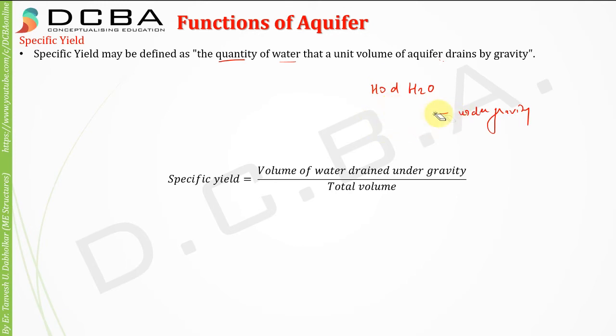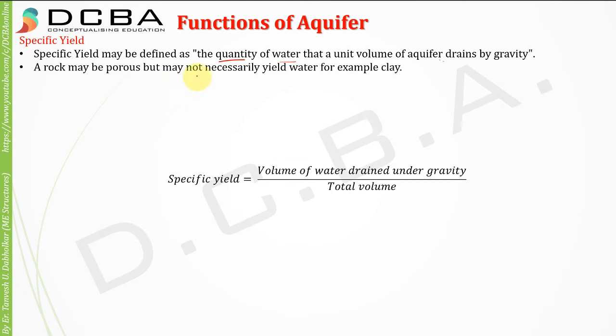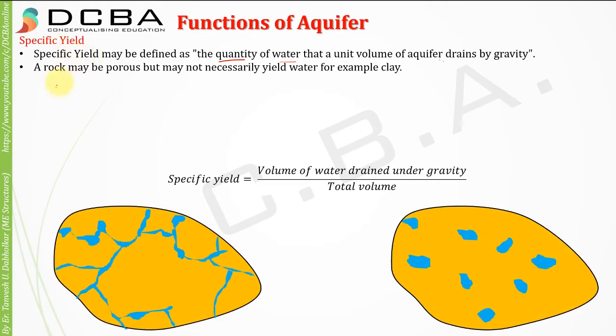So this specific yield is related to that volume of voids in which, if the water is stored, it can be easily taken out. A rock may be porous but may not necessarily yield water, for example clay. So as I told you, even in porous rocks, in some kinds of rocks, even if water is stored in it, it is not easily possible to take it out.